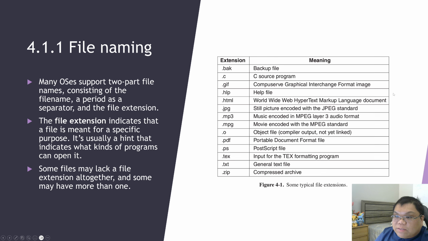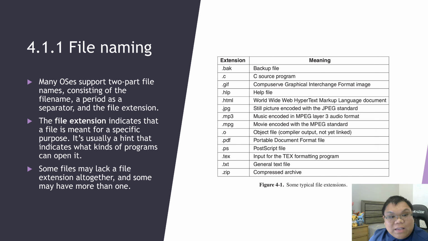Many operating systems support a two-part file name, where we have the file name, a period, and then a file extension. The file extension is commonly used as an indicator of what the file is for, and in some cases, what programs are meant to open the file.